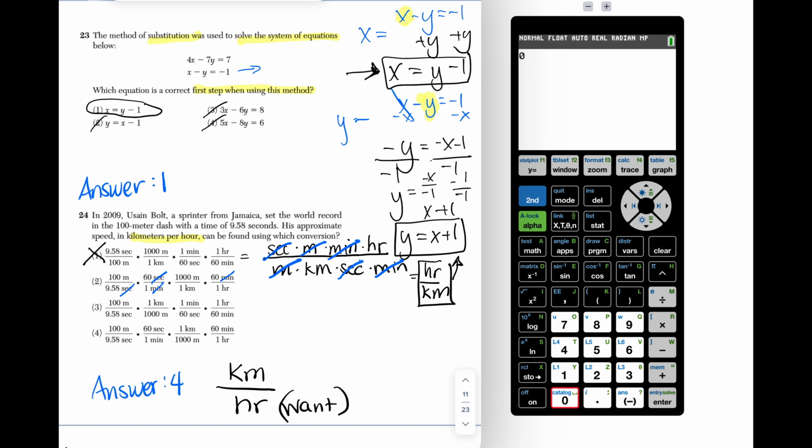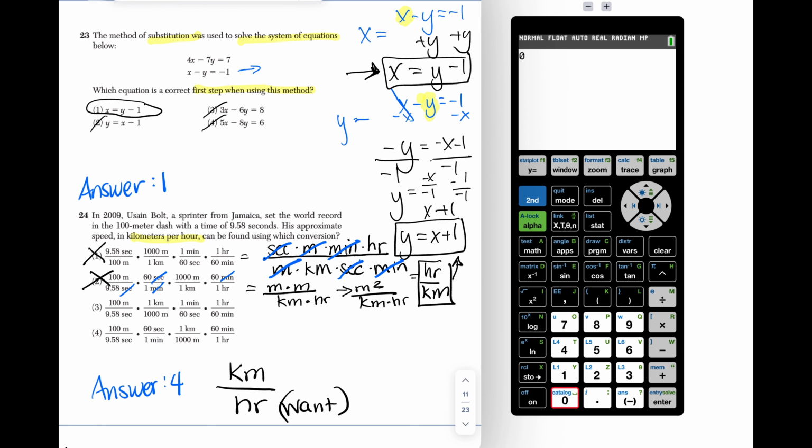I don't have kilometers on top, and I have hours. I don't have hours on top. So with this one, I'm going to be left with meters times meters over kilometers times hours, or meters squared over kilometers times hours. That's not what I want either.